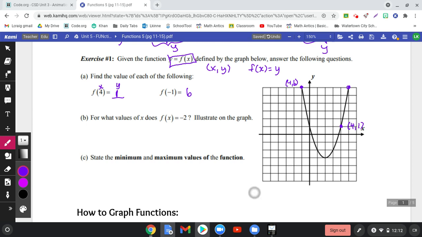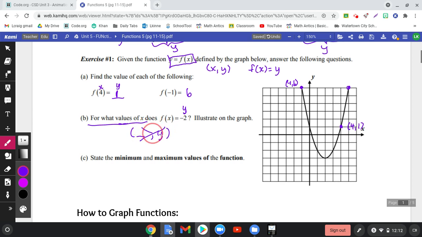If I go this way, it says for what values of x does the function equal negative 2? So you're trying to figure out what x values have a y value of negative 2. The easiest way is to illustrate it on the graph.